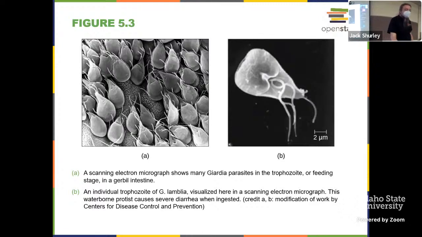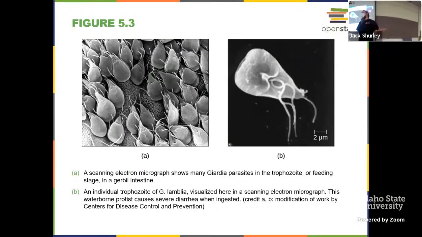However it happens, and we'll talk more about Giardia later, it doesn't have to just be consumption of water, but usually it's coming in contact with water that has those cysts in there, and somehow, one way or another, you ingest those cysts. Usually with these types of infections, you've ingested a few cysts.